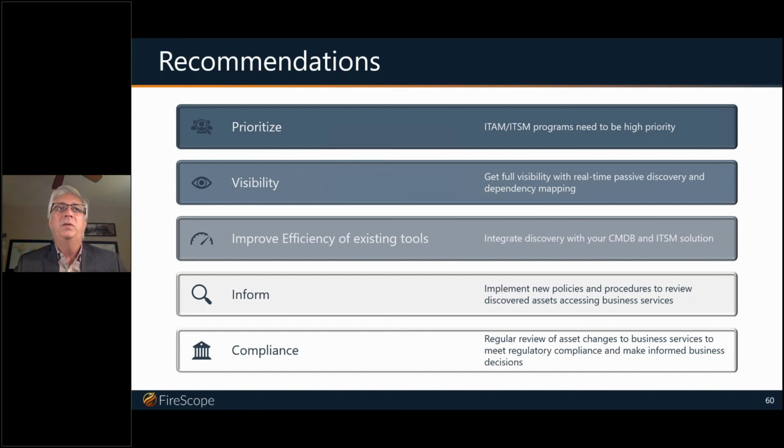You also need that visibility of all your assets so you can regularly review those changes with your change management boards, security teams, and your IT teams, and to be compliant, record those actions you're taking to mitigate those risks or to validate those changes, and that'll help you stay in compliance.